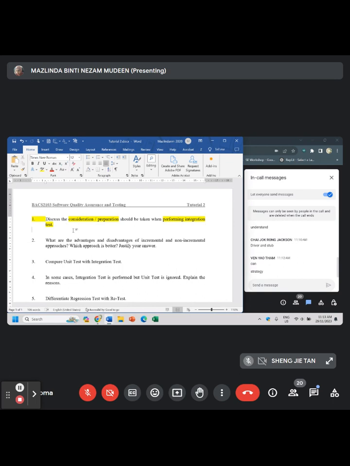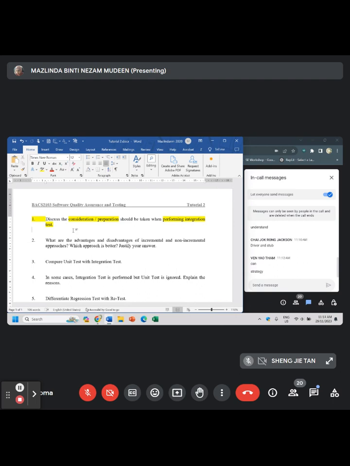So in that situation, I need to decide which one I want to use, and according to that, I need to know whether I need a driver or a stub. And if we choose to use a non-incremental approach, of course, we need to prepare both. Got it? Can you understand how these three things are related?